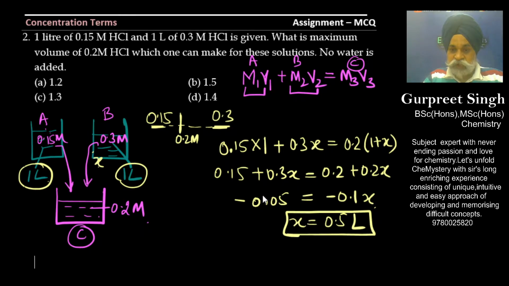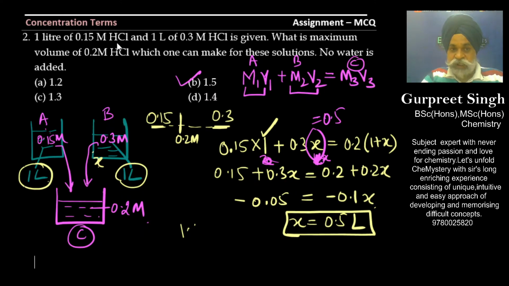The total volume would then be 1.5 liters, because you have taken 1 liter from here and x comes out to be 0.5. So 1.5 is the maximum answer available. There is no need of doing anything else, because we got the answer. Otherwise you can do the reverse way also: you take x liter of this and 1 liter of the other, make 1 plus x, and see what value of x you get.